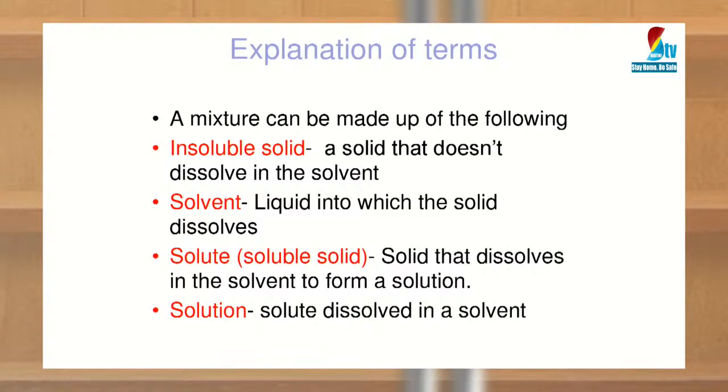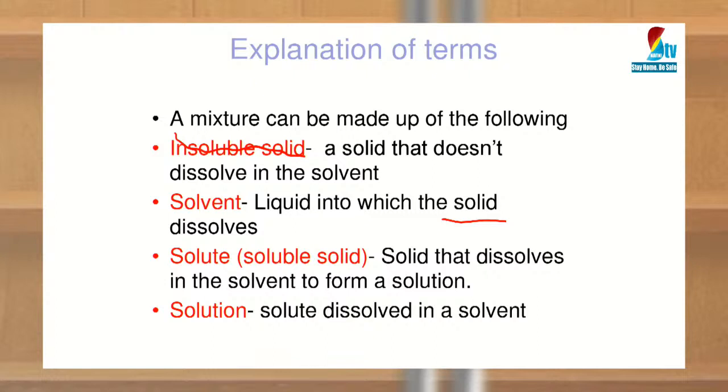So without much further ado, let us get into our lesson. We'll start with explaining terminology. These will be featuring a lot during our lesson, dear learner. First of all, an insoluble solid is a solid that doesn't dissolve in a liquid. A solvent is a liquid into which the solid dissolves. Remember, the solid should be able to dissolve in the solvent.